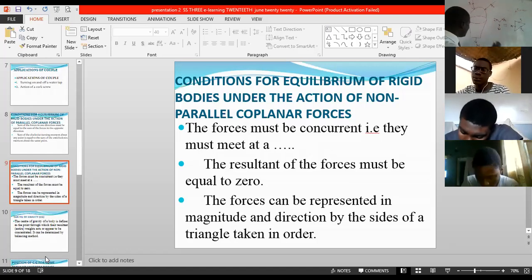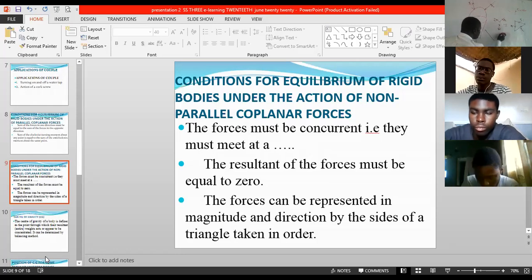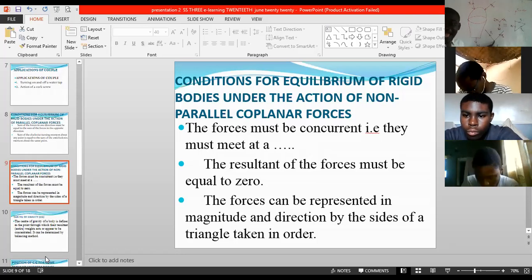It says that if three forces, force 1, F1, force 2, F2, and force 3, F3, are acting at equilibrium, then they can be represented in magnitude and direction. Magnitude means the size of the force. Direction means angles of the forces.